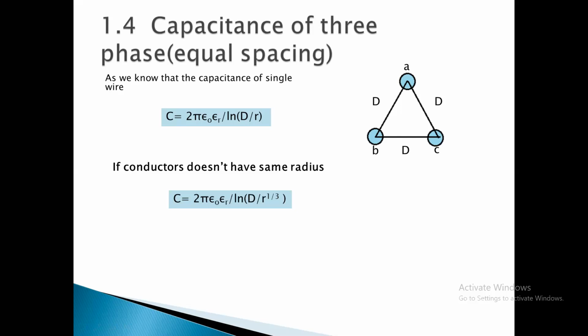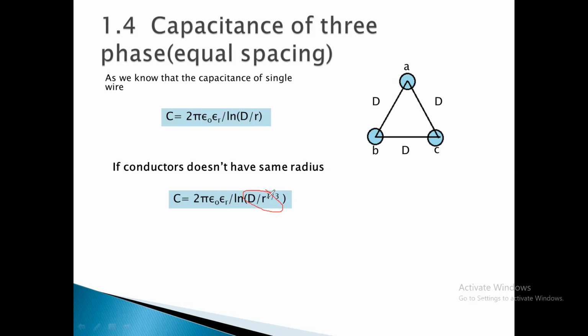I will send you this PPT, but don't write R here. You can just write R1, R2, R3, because this is a multiplication, in case it doesn't have the same radius. Look, let me tell you one thing. Even if it has the same radius, we always calculate these two distances in the same way, d or r.